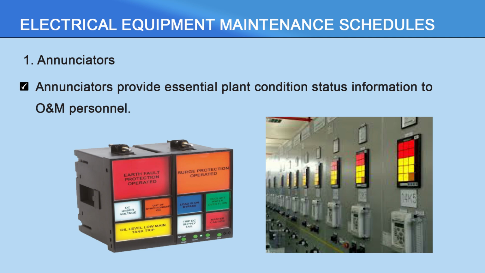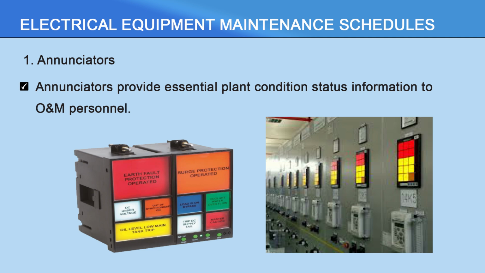Two aspects must be considered. First, the correct operation of the annunciator itself and the integrity of the alarm devices and interconnected wiring. Annunciator operation is easily tested using the test button provided on most annunciators and is considered an operations activity.